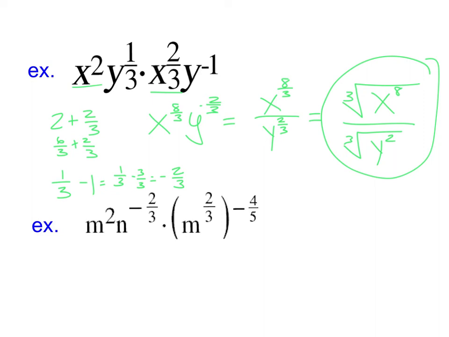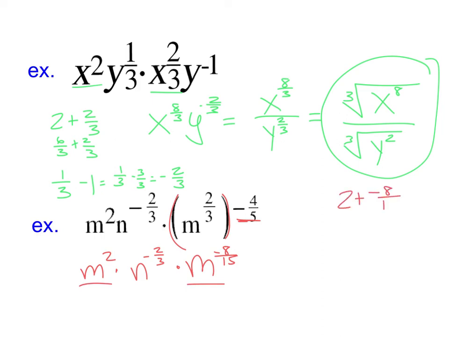All right, what do we do first? Again, notice I have a parentheses with an exponent, so I'm going to distribute. All right, we multiply. How do you multiply fractions? 2 times -4 is -8 over 3 times 5 is 15. So m squared, n to the -8/15. So then I can put the m squared and the -8/15 together. So 2 plus -8 over 15.